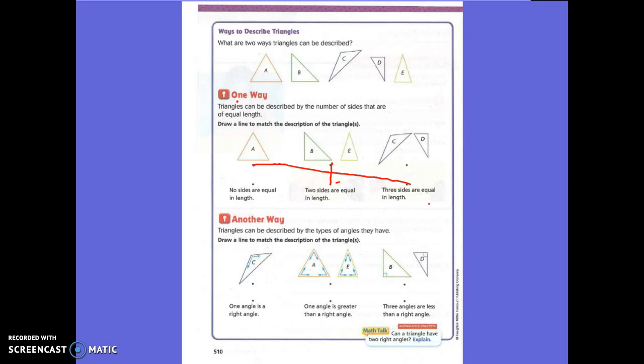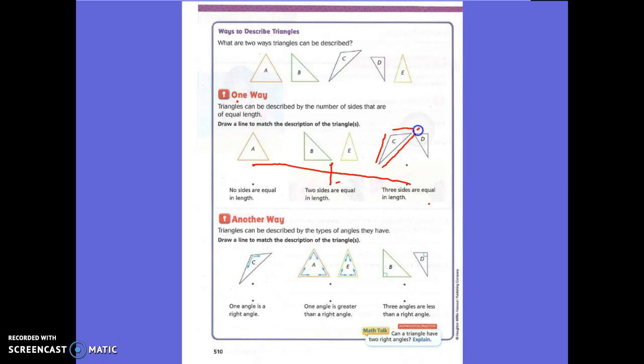Okay, then you have D and C. Look at C. Look how long this line is. It's a very long line. This one is much shorter, right? And this one is medium long. Because it's pretty long, but it's not as long as this other one. But in C, are any of those sides equal then? No, none of those sides are equal.